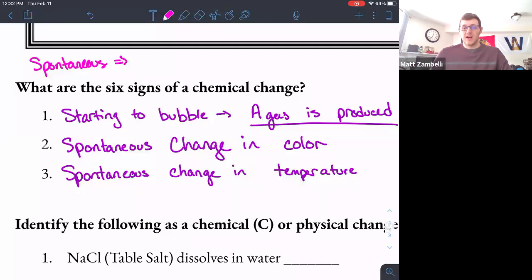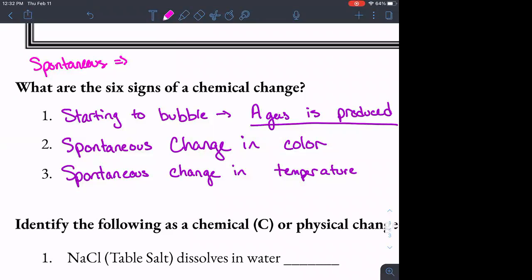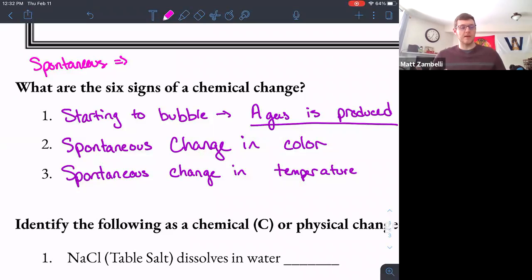Have you ever heard anybody call it the spontaneous person? Amazing. Okay, that's close. So spontaneous means that it just happens randomly.